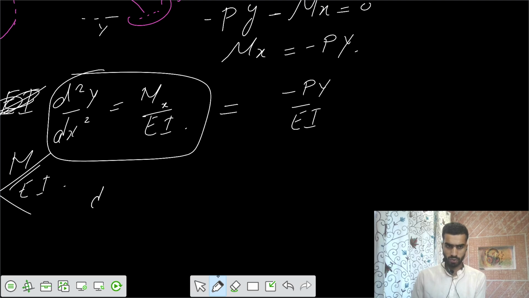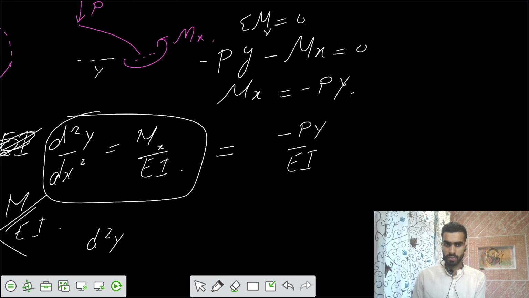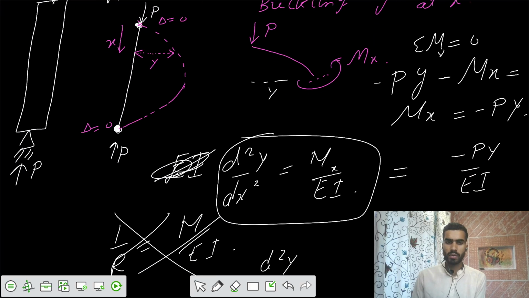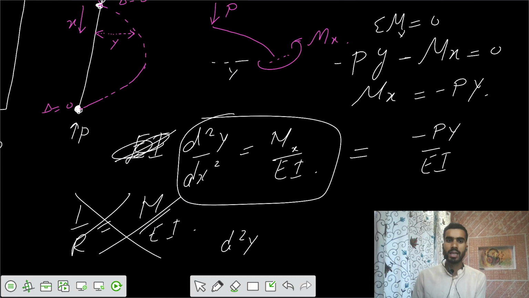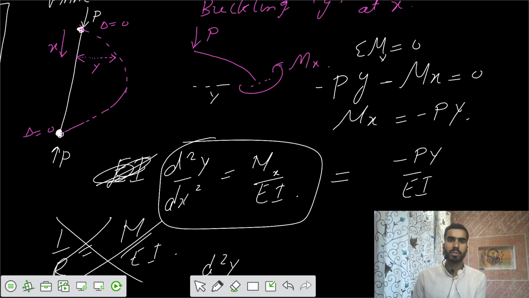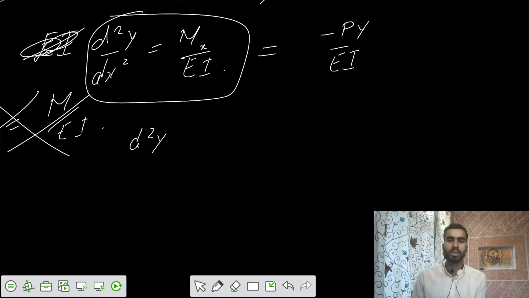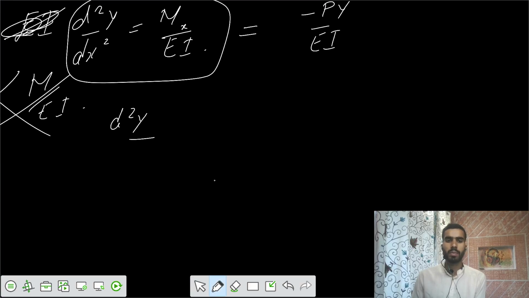Because there is some delta, I want to say what this delta is in terms of that load. So I would say d2y by dx2 plus Py by EI equals 0.